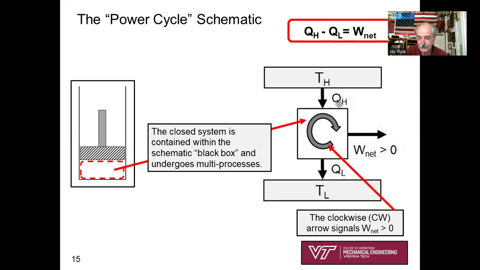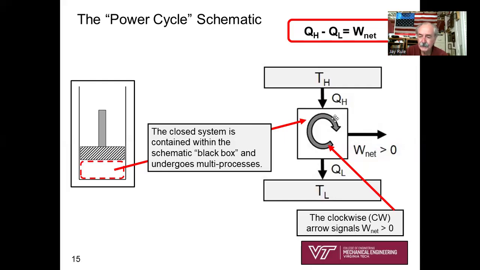Inside this black box, I've shown a clockwise arrow here. So here's a text box. The clockwise arrow signals W net is greater than 0. Now let's look at our arrows going into and out of our black box. How many arrows are going in? One. What's coming out? Net work and also heat transfer.